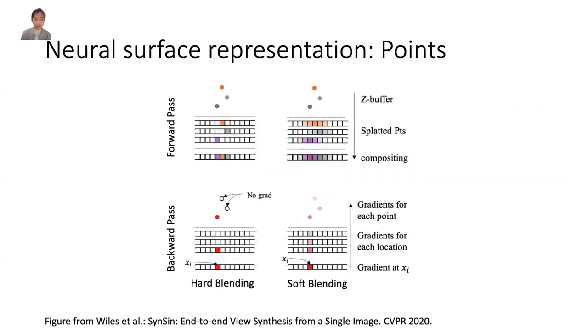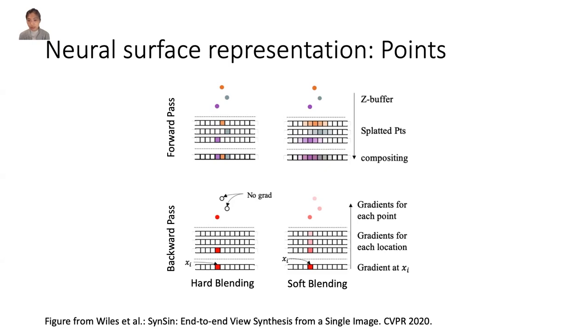So point representations adopt rasterization for the image formation step. But classic rasterization is not differentiable. A popular approach to make a differentiable point rasterizer is to soft blend the points, both in the image plane and also in the depth.